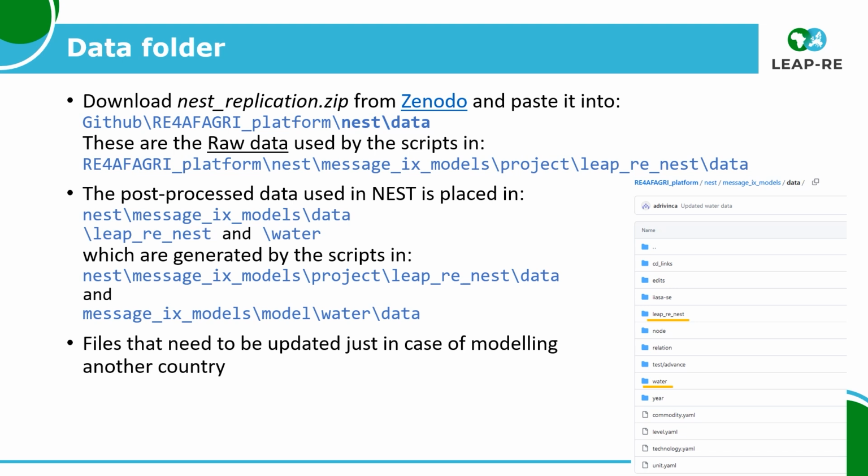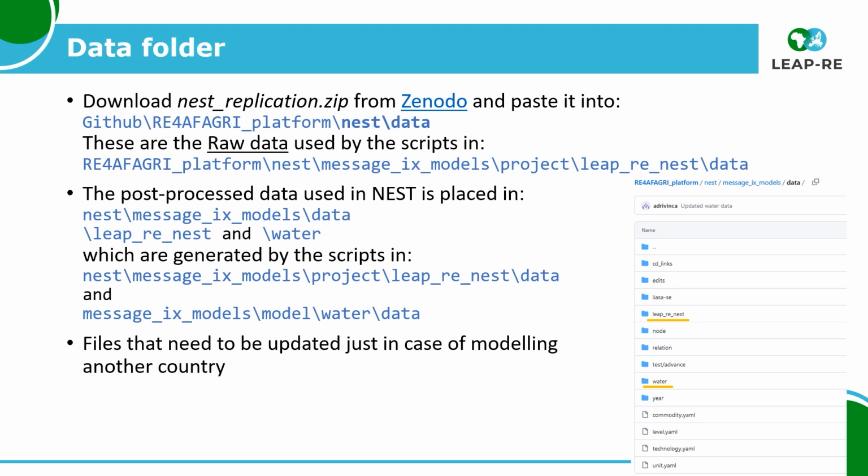These raw data are contained in the Zenodo repository called nestapplication.zip. You can download that and place the folder of the Nest replication inside the GitHub folder you already have, RE4AFAGRi platform/nest/data.